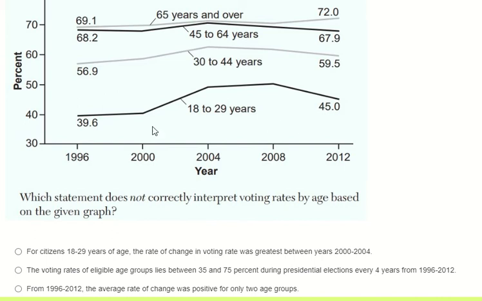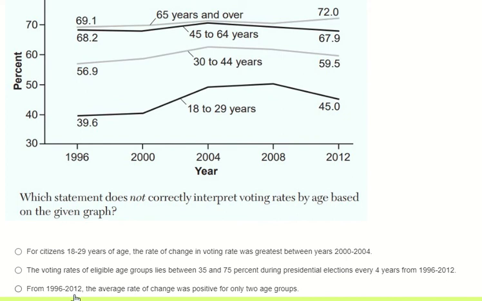So no rate goes below 35. If we go to the top, this is 70, the very top is 80, so no rate goes above 75. The highest I think they go to is 72, is what that looks like. So that one is also true. So these first two are true.